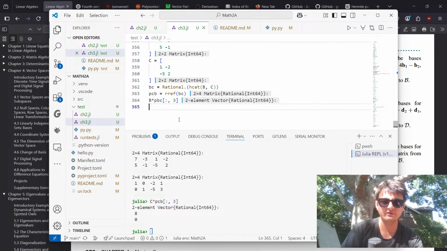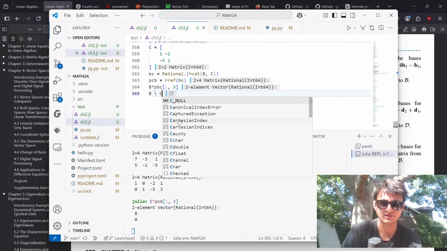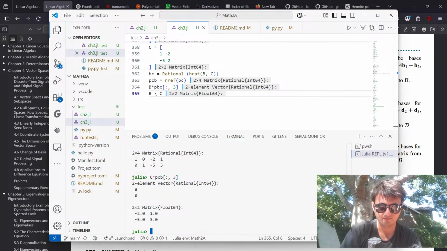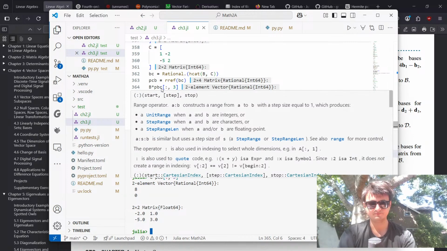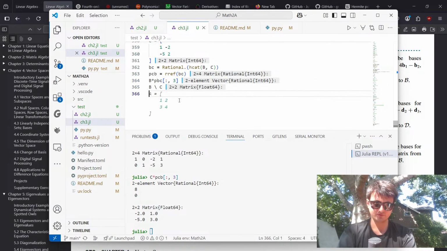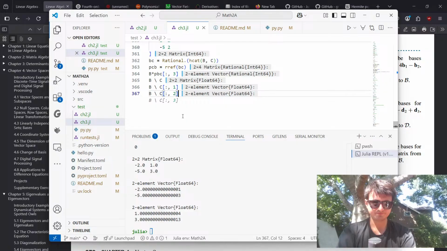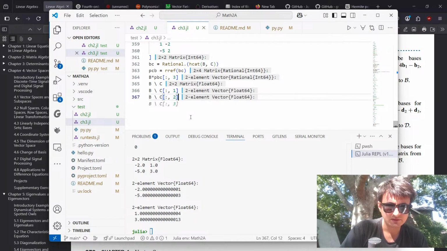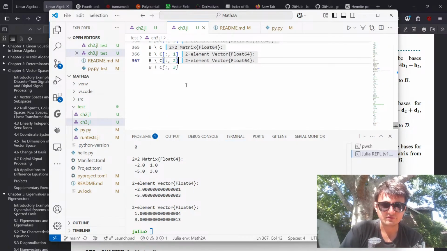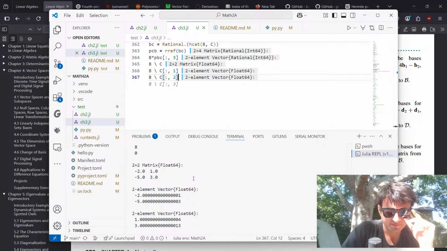Here's what I'm trying to figure out. When we solve B backslash C, what this means is we're solving B backslash the first column and then the second column. Okay. We should probably make those rational, but that's fine.